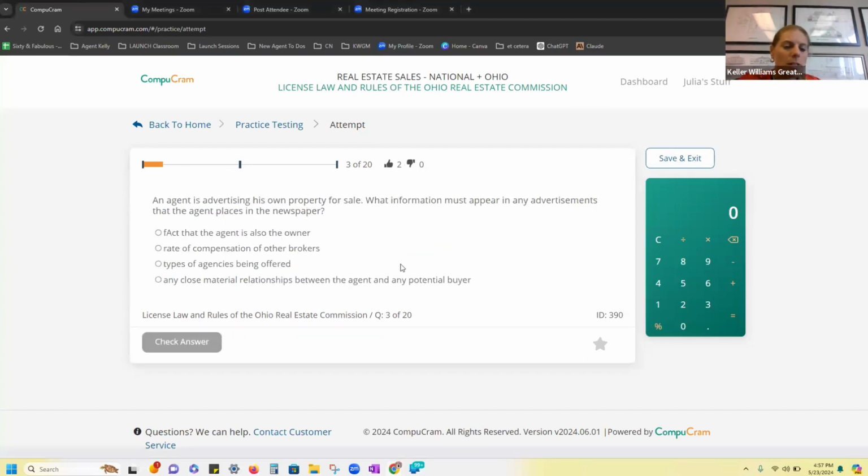Okay. An agent is advertising his own property for sale. What information must appear in any advertisements that the agent places in the newspaper? Is that A, fact that the agent is also the owner? B, rate of compensation of other brokers? C, types of agencies being offered? Or D, any close material relationship between the agent and any potential buyers?